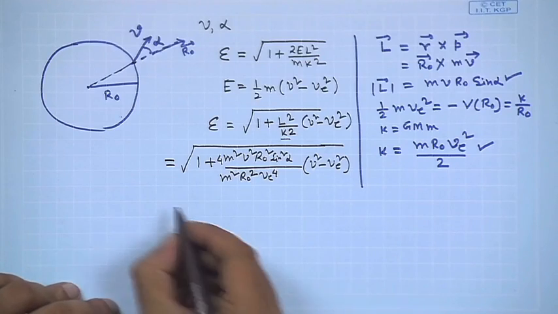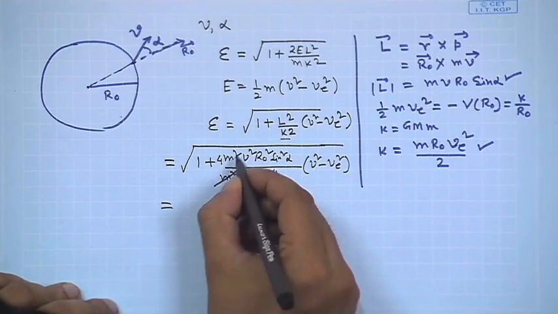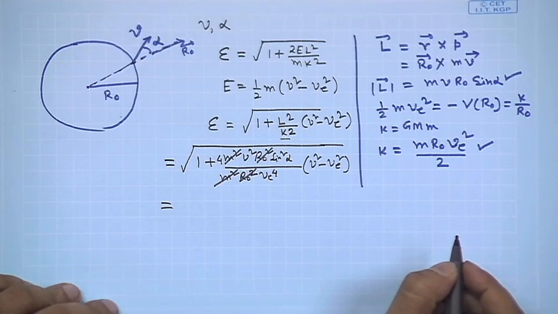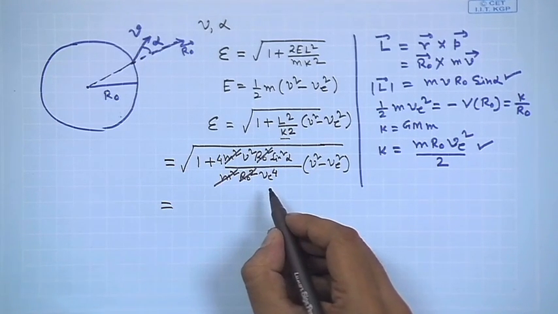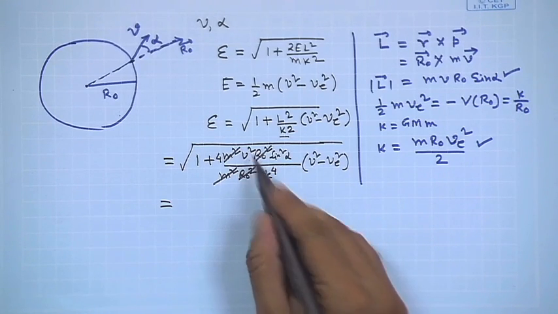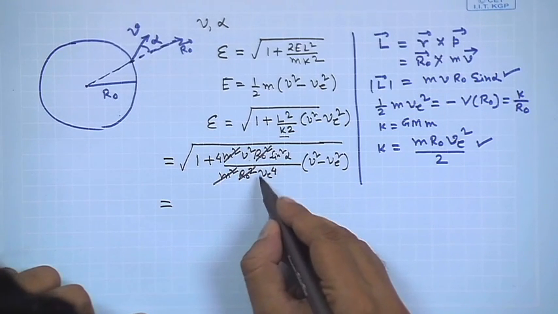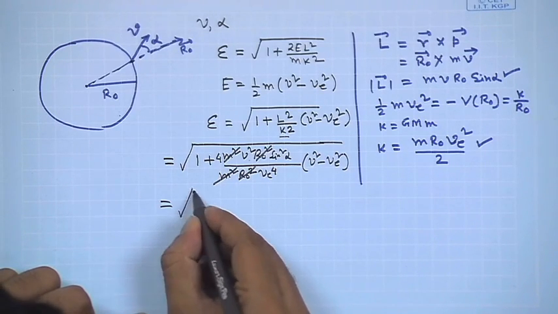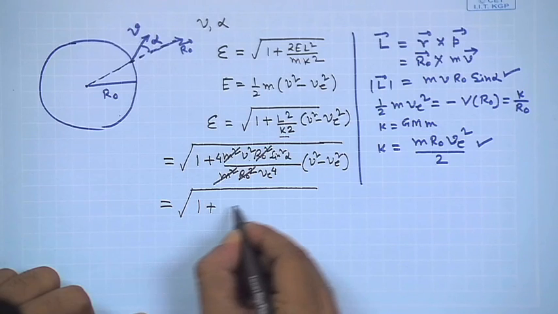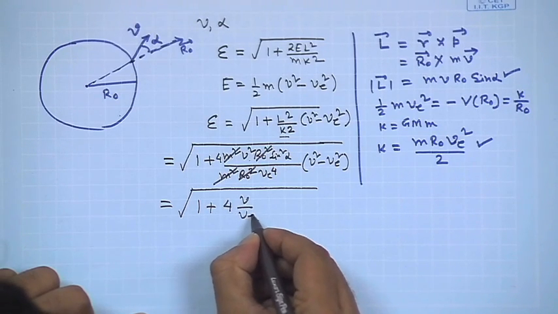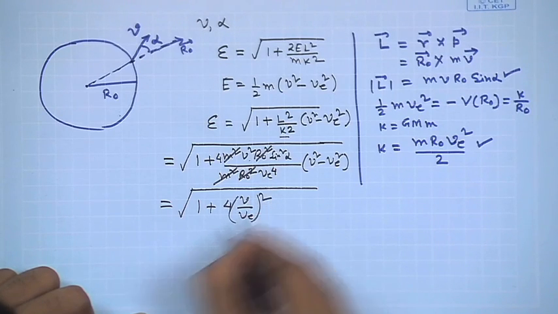Now, this 2 cancels, leaving a v square here and v to the power 4 here, so we can take v square inside the bracket.